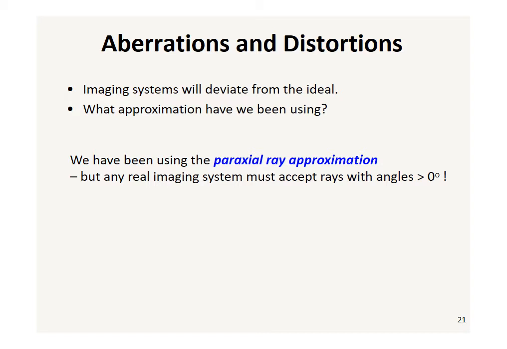There are two types, chromatic aberrations and monochromatic aberrations. The monochromatic aberrations come about because we're using the paraxial ray approximation, and yet in any real imaging system, we have to accept light rays with angles greater than 0 degrees. So the paraxial ray approximation falls over.